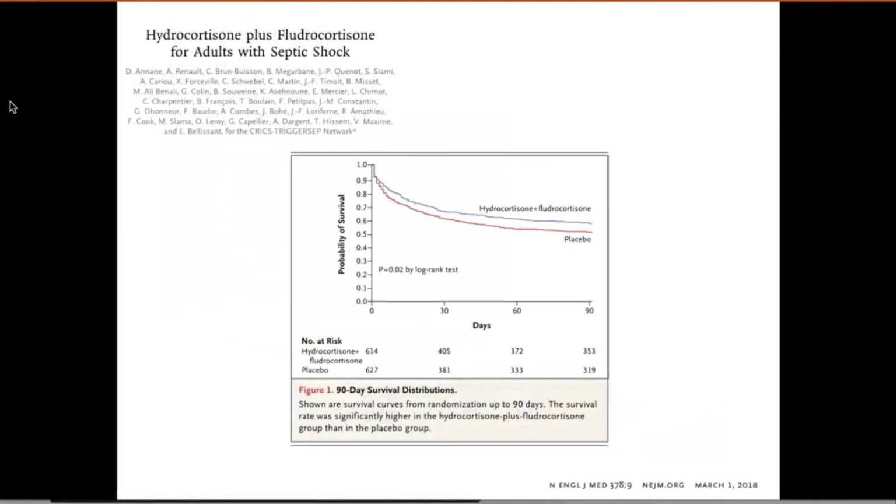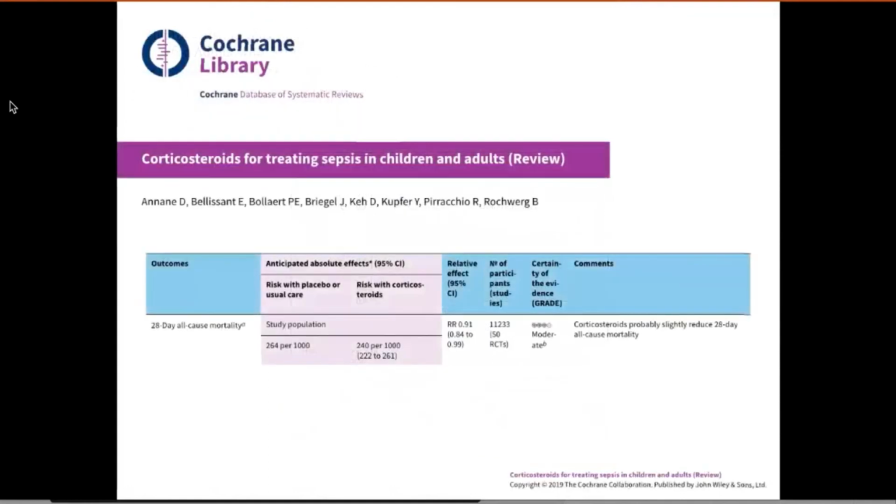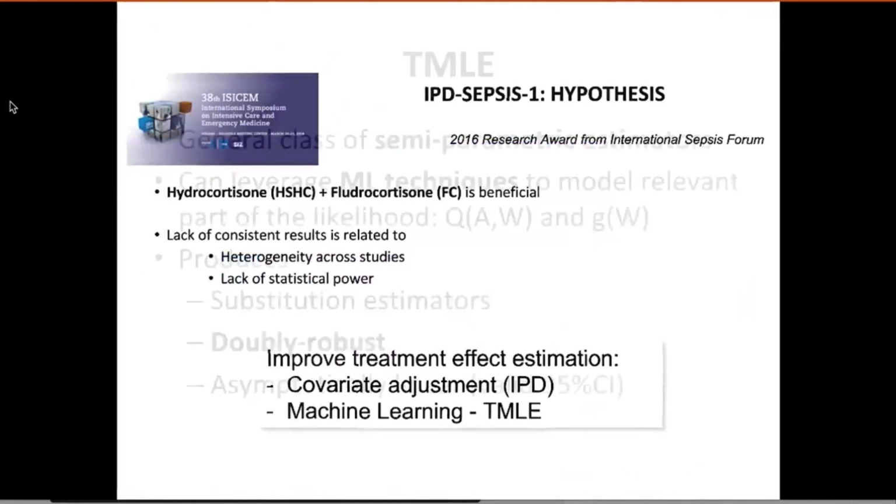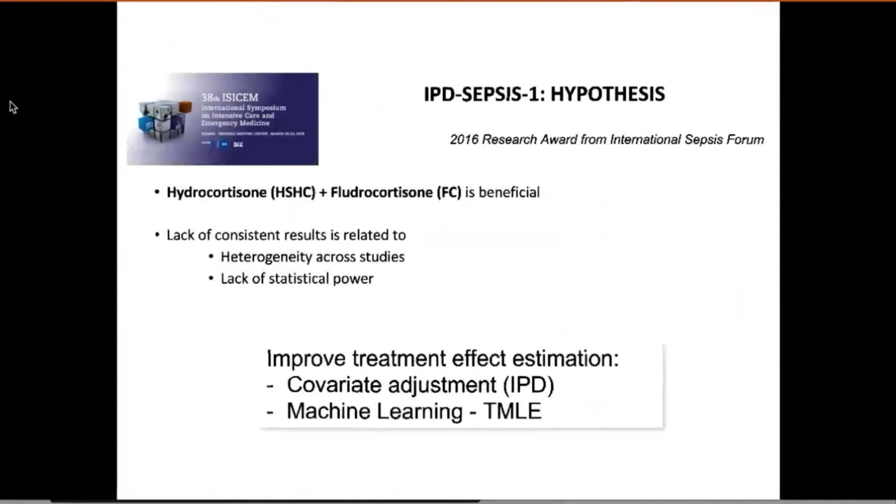While in another trial, again published in the same issue of the journal, there was actually a significant benefit of the steroid combination to decrease mortality at 90 days in septic shock patients. So again, very inconsistent results. Next slide.